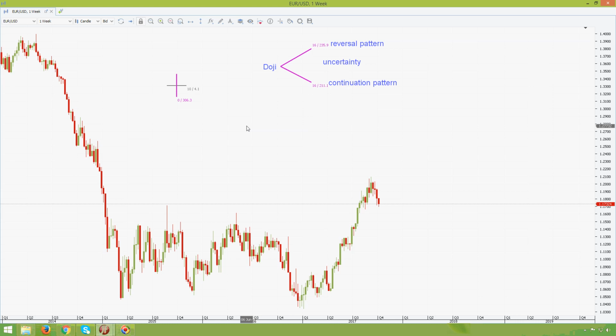Now, the problem with it is that the Forex market changed over time. With the brokers' executions today, with the electronic communication network, ECN, and with the STP, straight through processing, it is very difficult for a daily or weekly candle to form a Doji candle like when it was formed many years ago. Why? Because now we have a quotation on any currency pair.